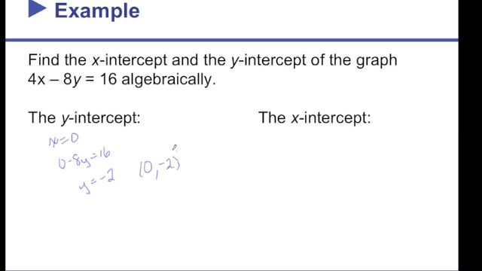It would be at that point. The x-intercept, now we have y = 0. So we have 4x - 8 times 0, which is 0, equals 16. Divide by 4, x = 4, and so the point (4, 0) is the x-intercept.